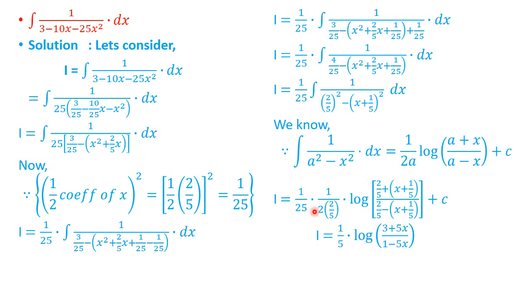Remember that in these special types of integrals, a square minus x square and x square minus a square have results of the type 1 by twice a log of either a minus x, a plus x, or a plus x, a minus x, isn't it? But the integral 1 by a square plus x square has a different result, that is 1 by a tan inverse of x by a.